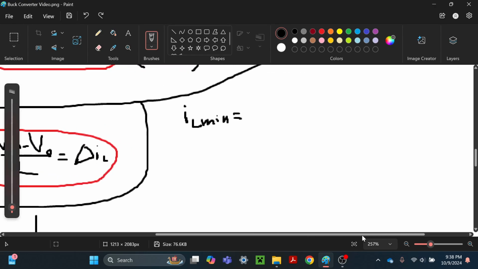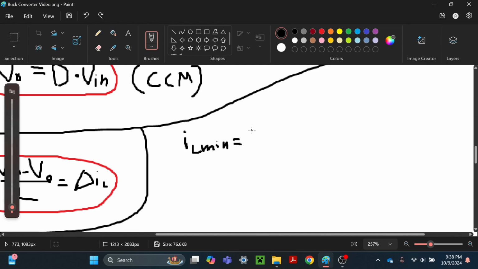So IL min is equal to the average output minus the total change in current divided by 2.